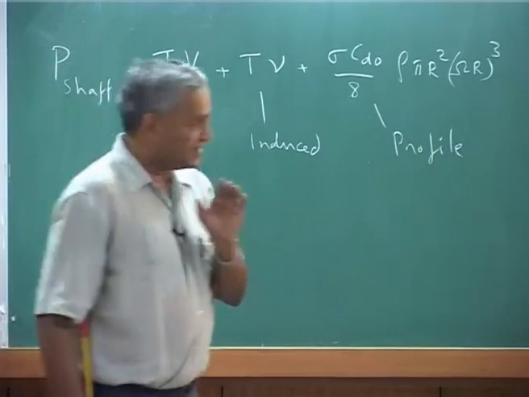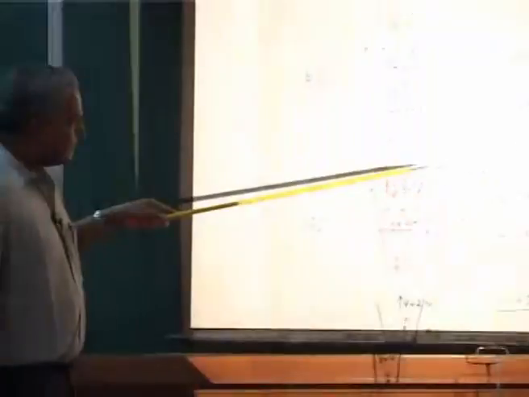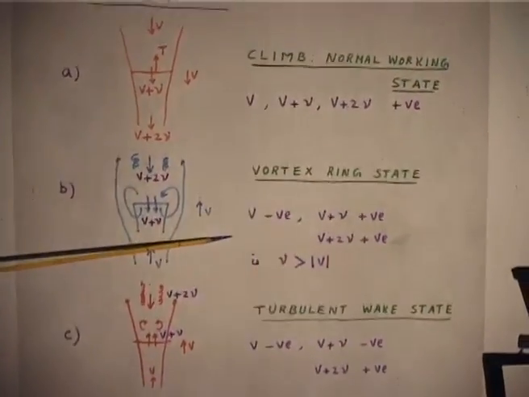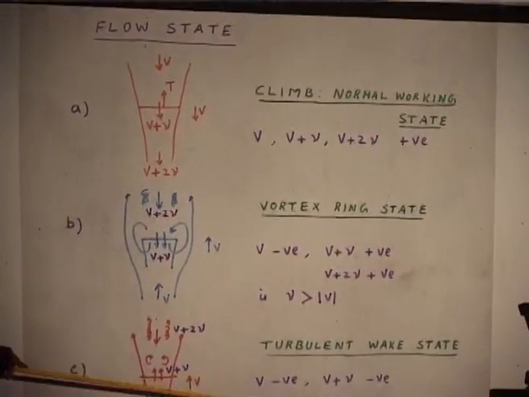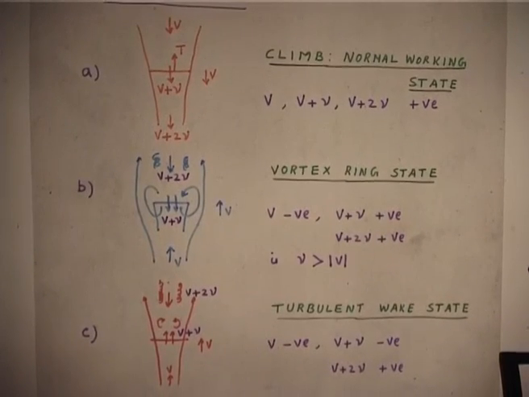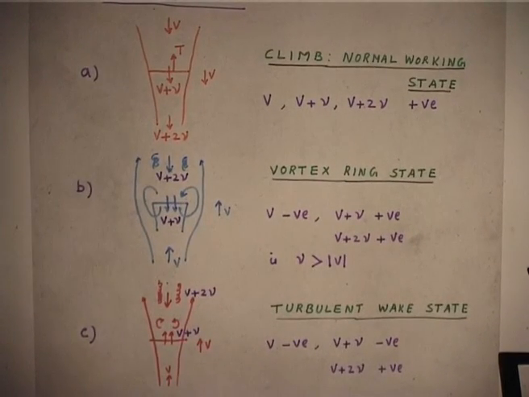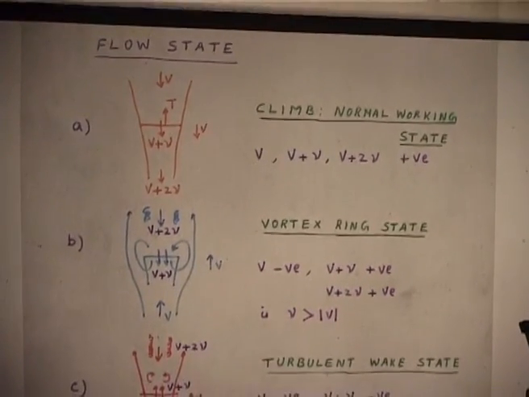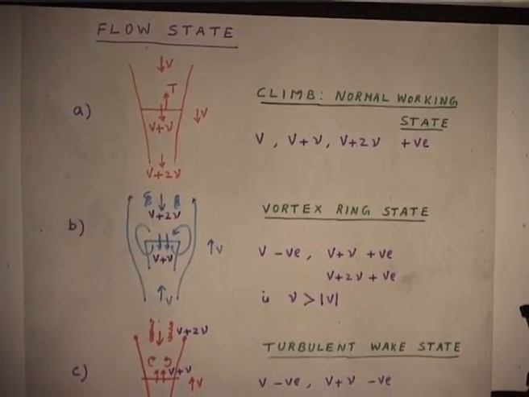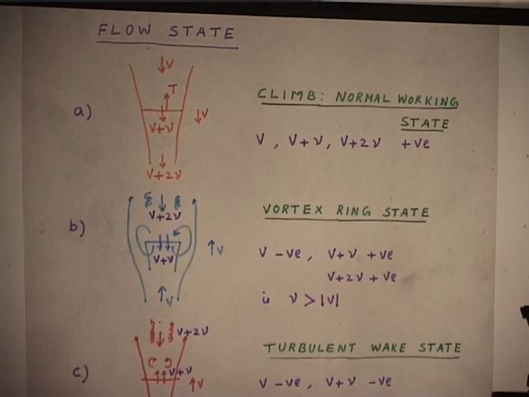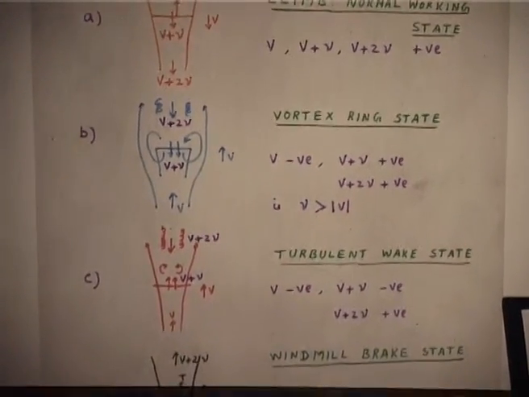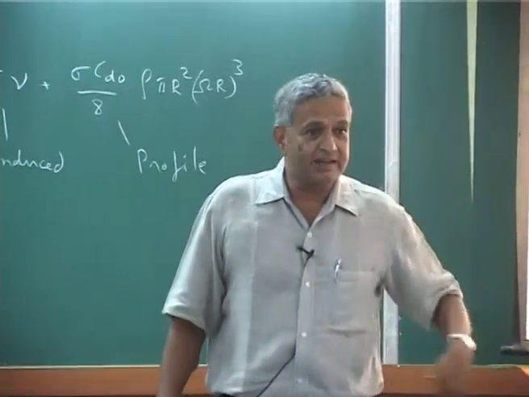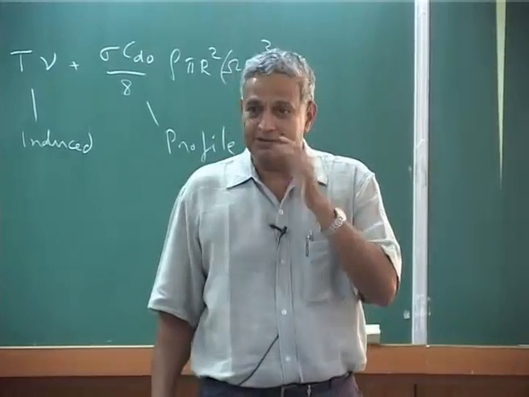Please understand, you may think that this is a descent state, windmill brake is also a descent state, everything is descent, but when we mean auto rotation, it is that particular state where the power required to rotate the rotor is basically 0. That is, the engine has failed, the engine is not supplying any power.